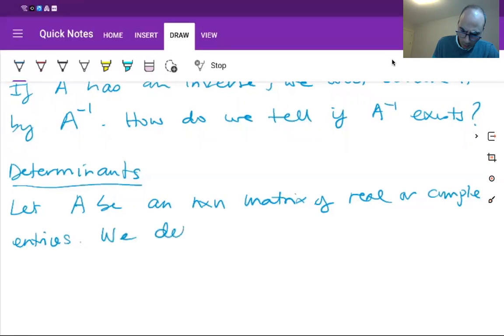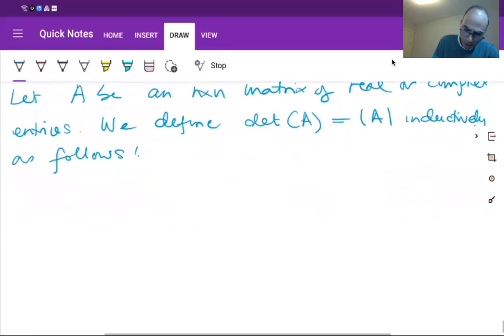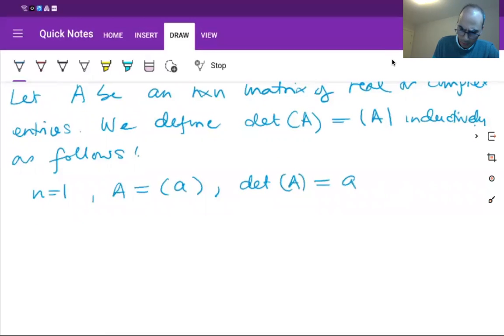We define the determinant of A, which we also sometimes denote with vertical lines, inductively as follows. If n is equal to 1, then A has just a single entry, and we define the determinant of A to be that single entry.